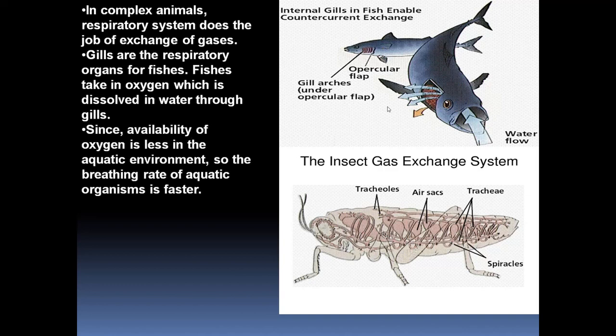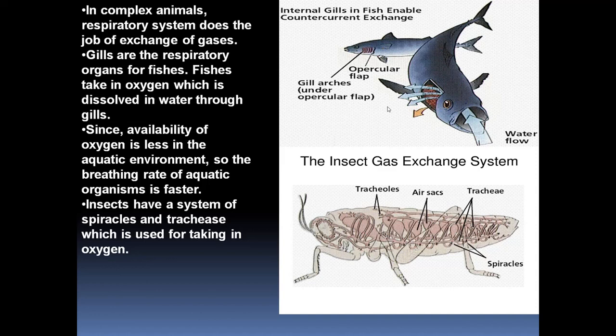Since the availability of oxygen is less in the aquatic environment, the breathing rate of aquatic organisms is faster. So the fishes breathe very fast.